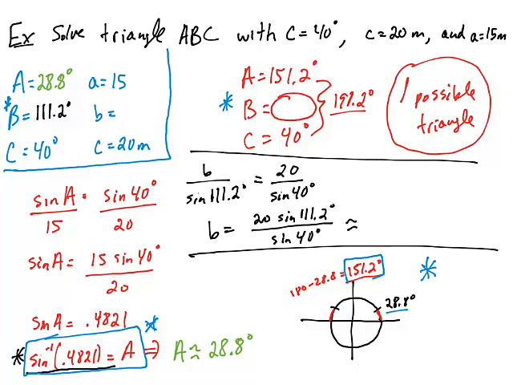Punching that into the calculator, we end up with 29.0087, so rounding to the nearest tenth here, we'll just have 29.0 meters, so that is our missing value here. And there we have it. So we've solved this triangle.